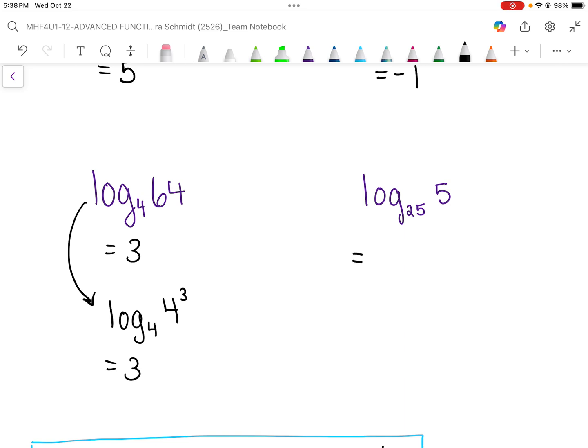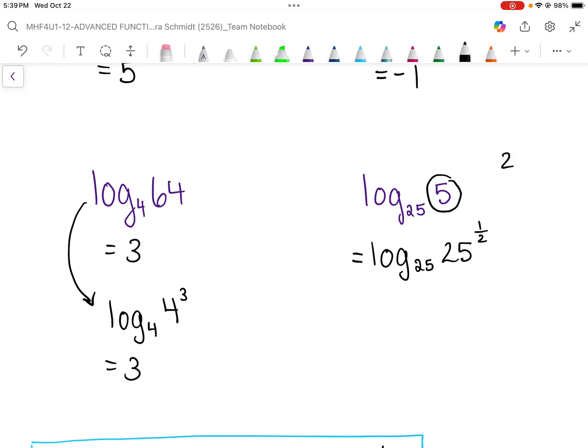Okay, this one. So I have log base 25 of 5. So I have to think like, how can I write that 5 with a base of 25? So 25 to the power of what would equal 5? Since I know that fractional exponents will make this 25 actually smaller, that's what I'm going to go with.